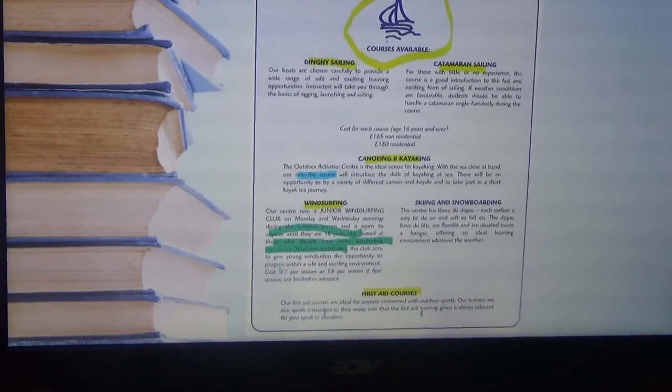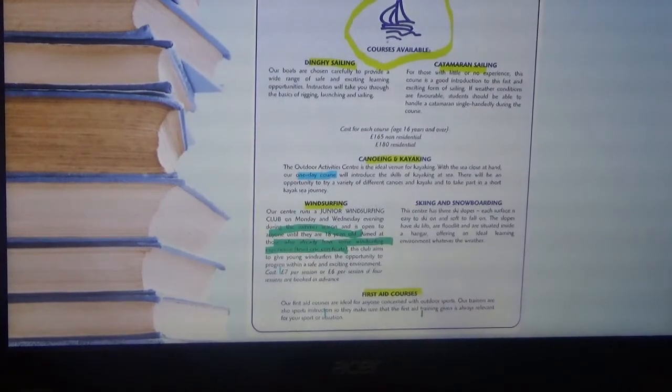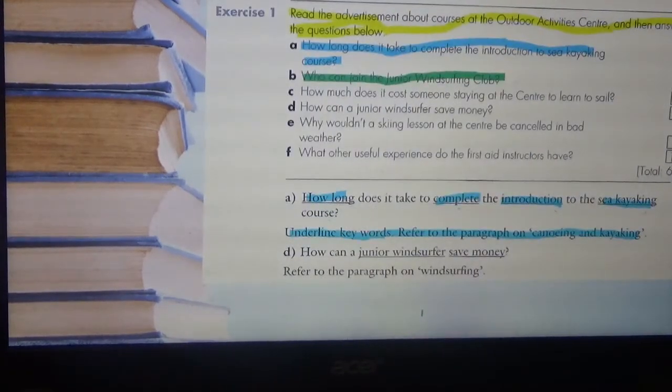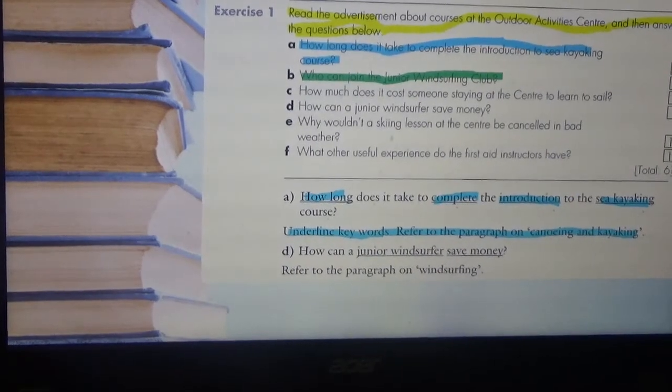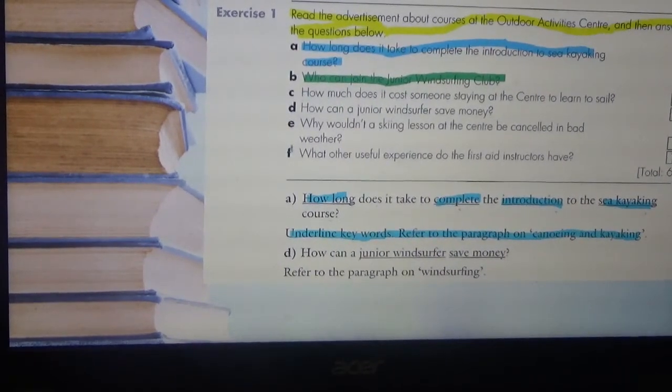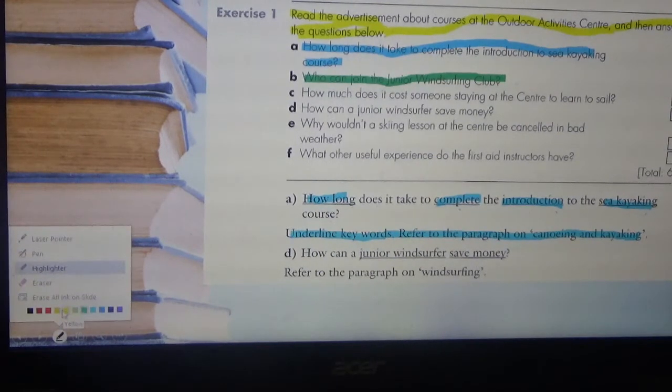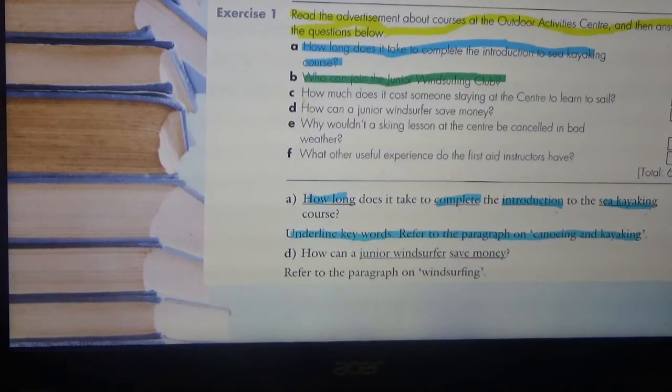Now let's go. It says here, letter C. Now we know where to find the answers to the different questions. Let's just quickly go through our questions. How much does it cost someone at the center to learn to sail?